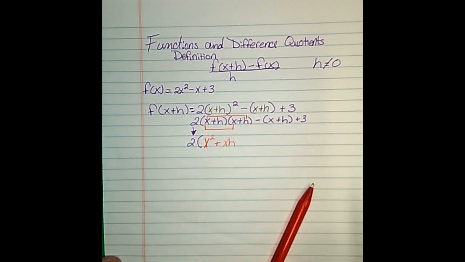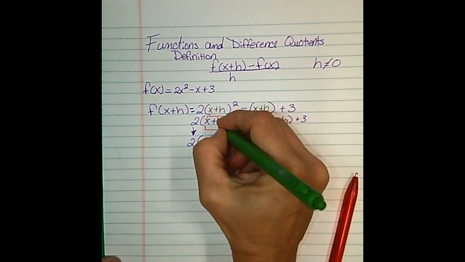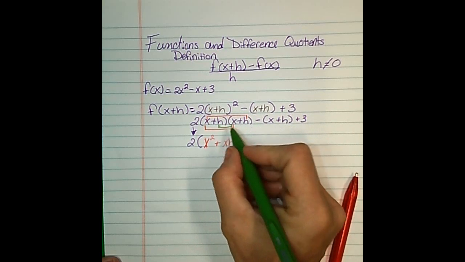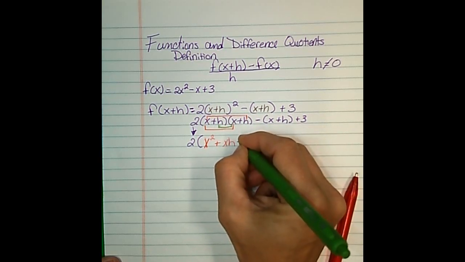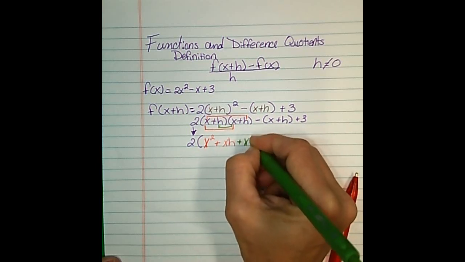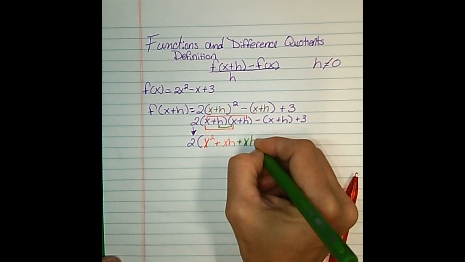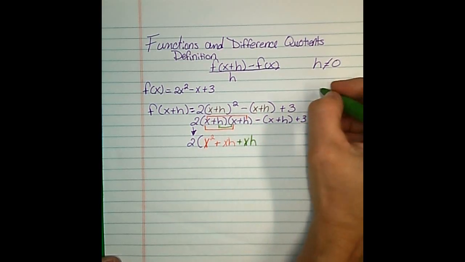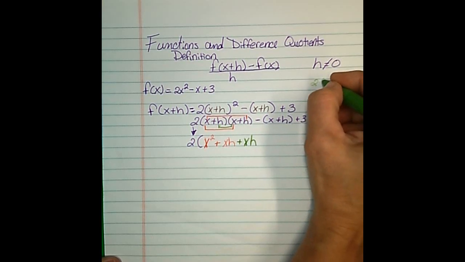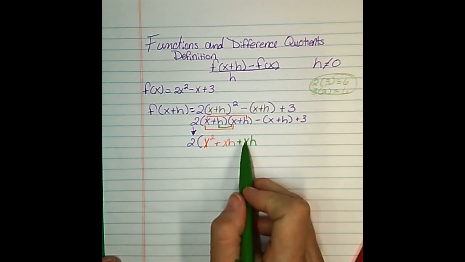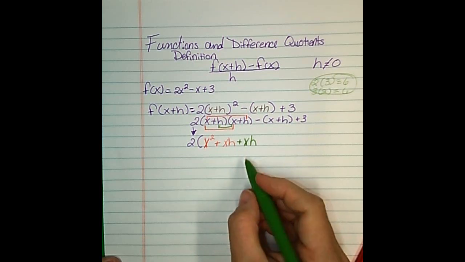And now I have my inners, and they're both positive, and it's h times x, so it's a positive. And I'm just going to write xh just because that's how I wrote the other one. Guys, multiplication is commutative, so we can flip it. If you don't understand that, just a little side note, 2 times 3 is 6. Well, 3 times 2 is 6 too.